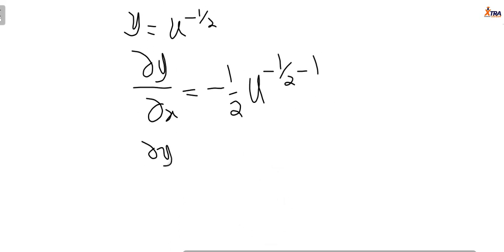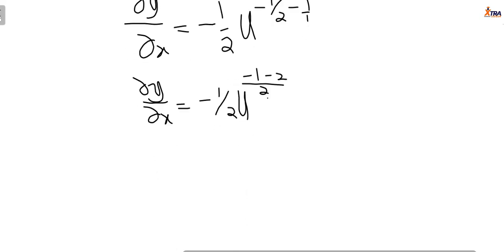Minus 1 over 2 minus 1 over 1: 2 into 2 is 1, 1 times 1 is minus 1; 1 in 1 is 1, and 2 times minus 1 gives minus 2. So dy over du equals minus 1 over 2 u raised to the power minus 3 over 2.